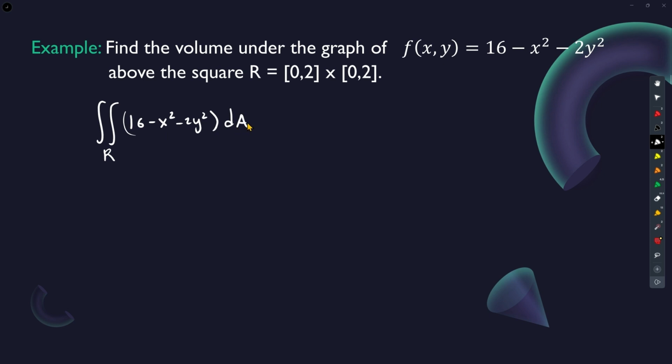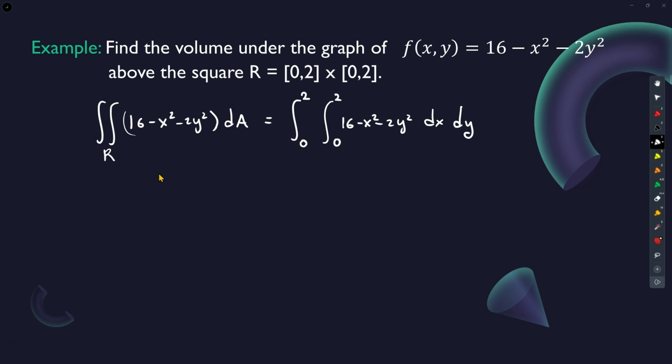The iterated integral tells me I can compute this first with respect to x of 16 minus x squared minus 2y squared, with bounds from 0 to 2, and then integrate with respect to y, with bounds from 0 to 2.